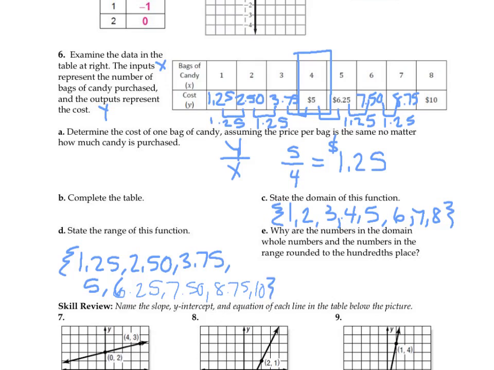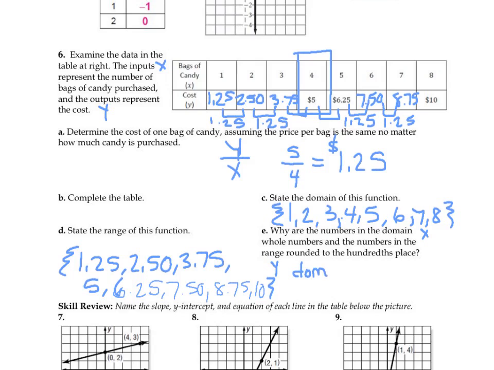Part E asks us, why are the numbers in the domain whole numbers and the numbers in the range rounded to the hundredths place? Well, we know that the domain is X and the range is Y, and the X represents bags of candy. And bags of candy are only in whole bags, so whole numbers.